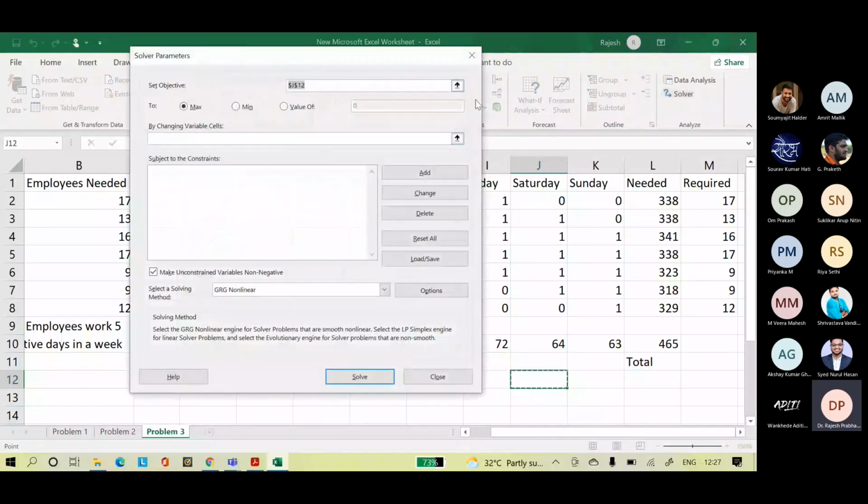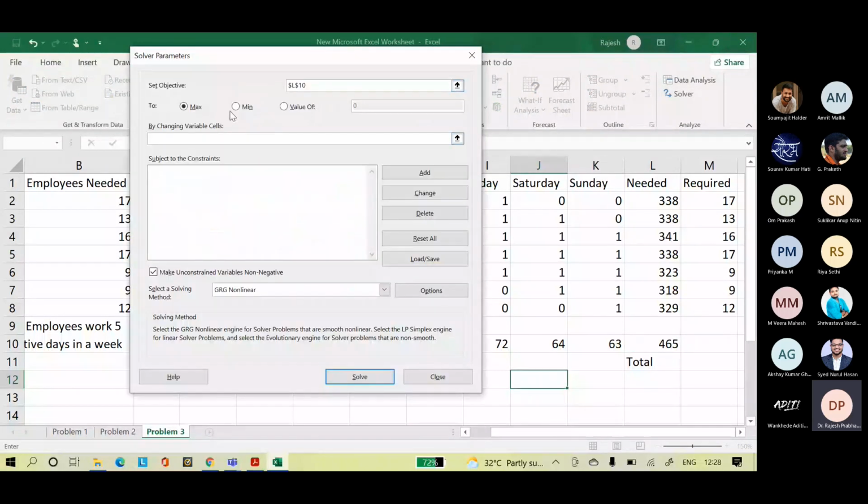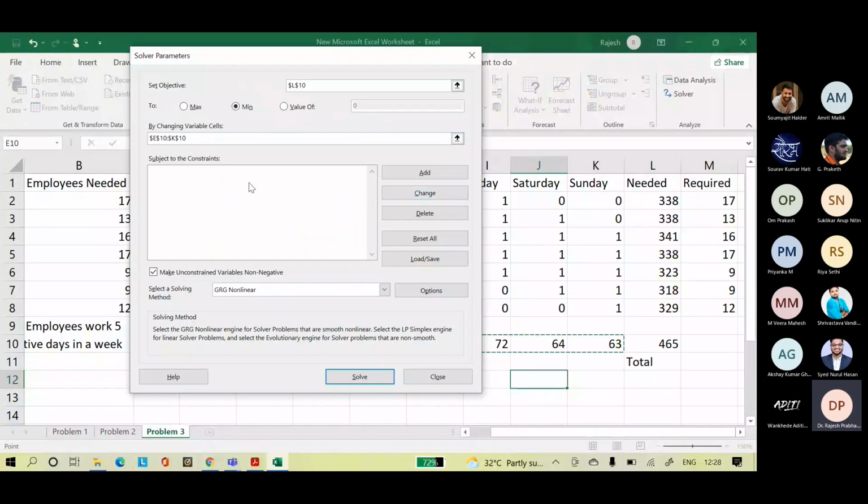So in Solver, select the cell, minimize by changing the value of the cell, okay, and we add the constraints.